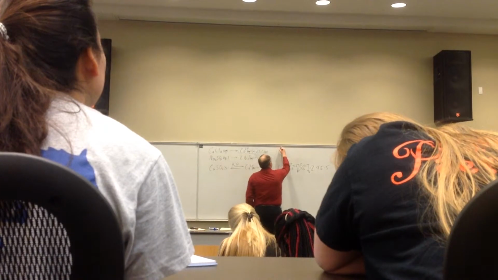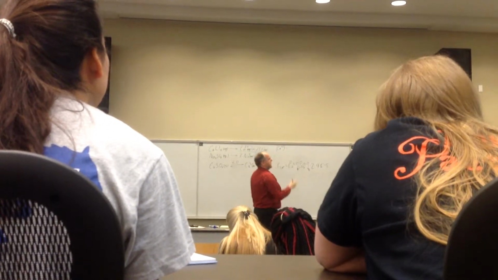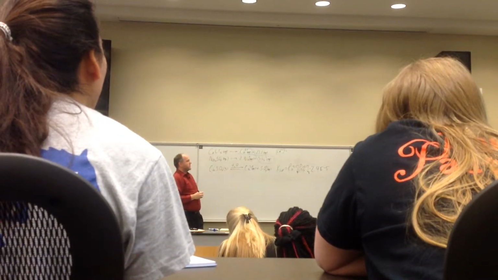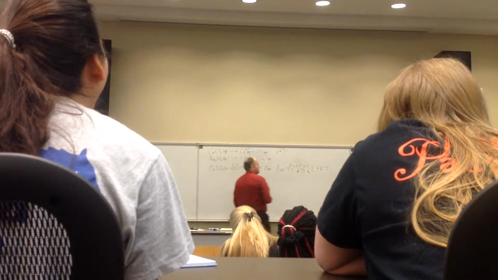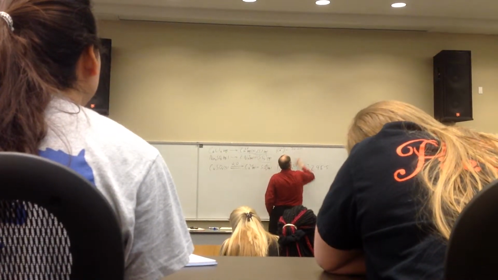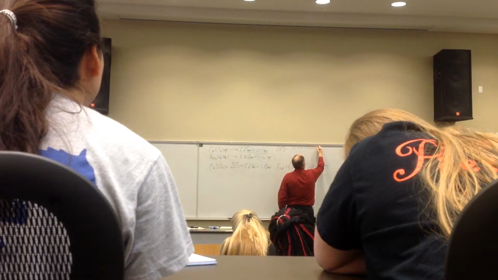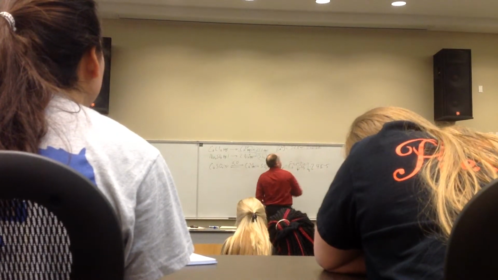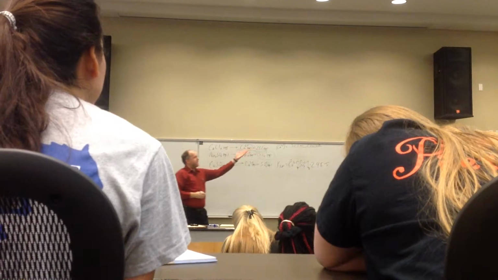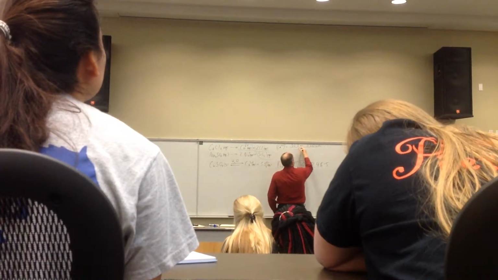All right, so calcium concentration is going to be equal to, I have 50 mils of 0.0010 molar. Of means times, like it did in junior high. So I have 50.0 milliliters of 0.0010 molar, and that's divided by, I'm adding 50 mils and 50 mils, so it's divided by 100 milliliters.